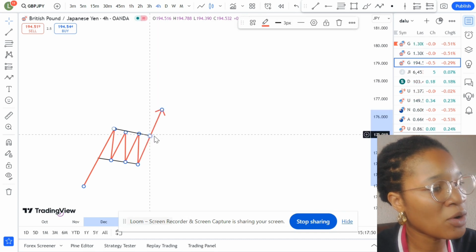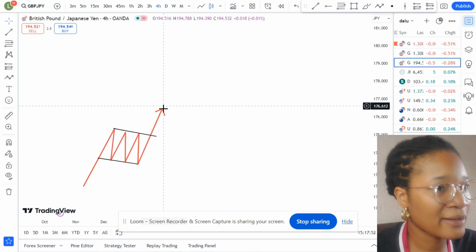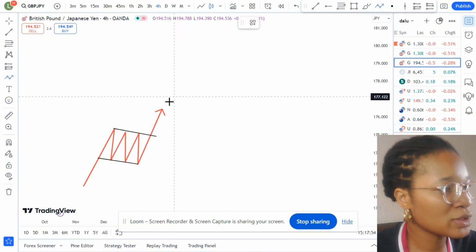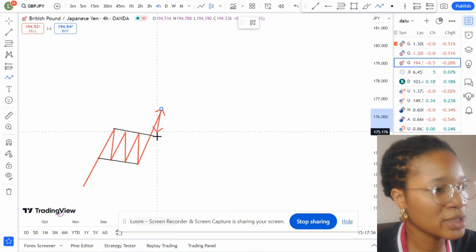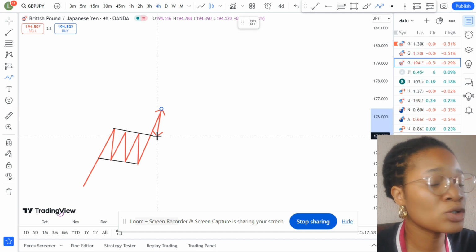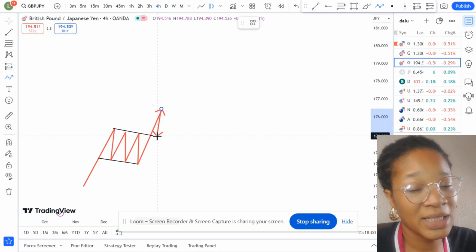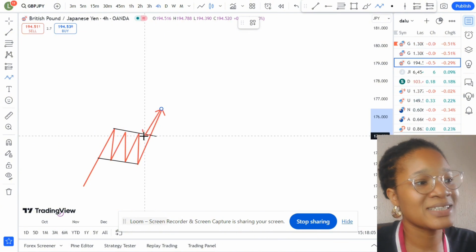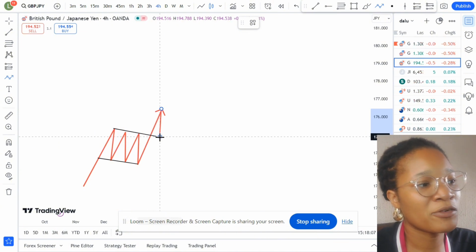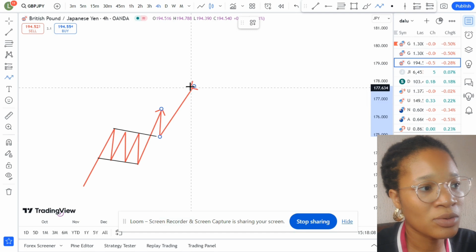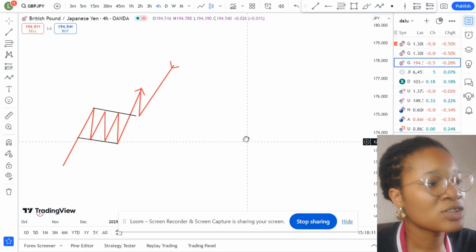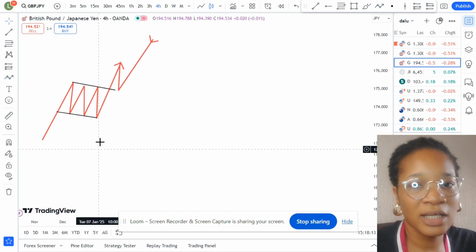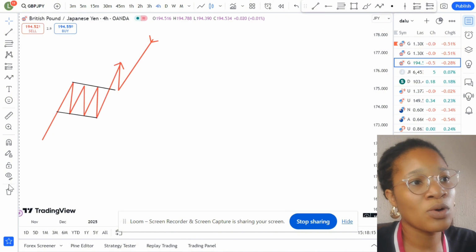And maybe it may come back, find a zone here, to give those who trade break and retest strategy an opportunity to find a retest in this resistance zone and pick it up from there, and up we go.